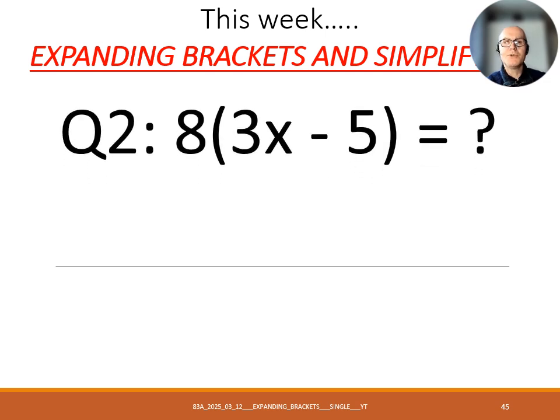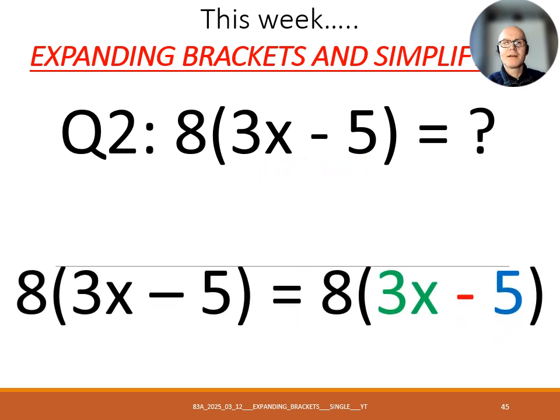Question 2. 8 open brackets 3x minus 5. Colour code it up again. First part of the equation is going to be 3x times 8 and 8 times 5.